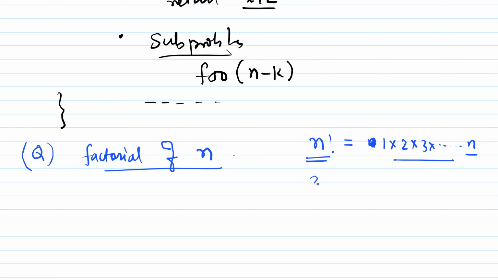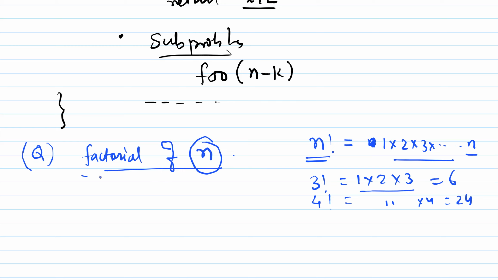For example, 3 factorial will be 1 multiplied by 2 multiplied by 3, that is 6. 4 factorial will be the same thing multiplied by 4, that is 24, and so on. So use the same approach and come up with the solution for this factorial thing.